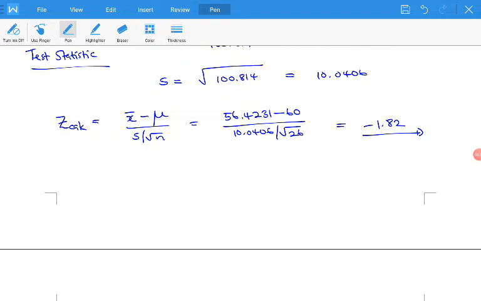Now we want to determine the critical value. First we need to calculate the degrees of freedom. So df is equal to n minus 1, which is 26 minus 1, which is 25.